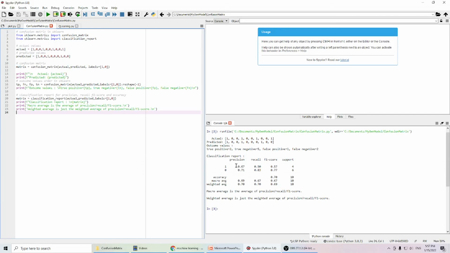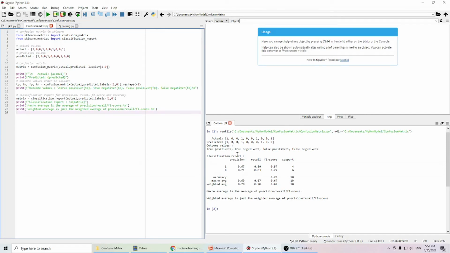And this 0.67 will times 40%, and this 0.71 will times 60%. And because 0.71 has more weight, weighted average shifted to 0.70. You can use calculator to verify that.